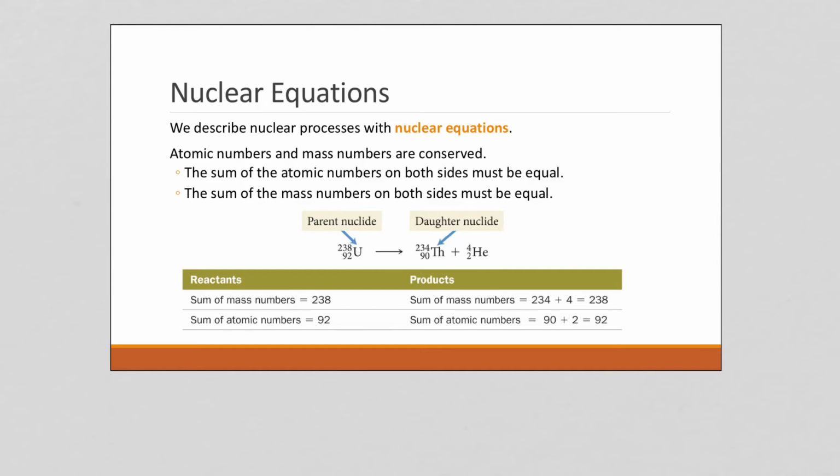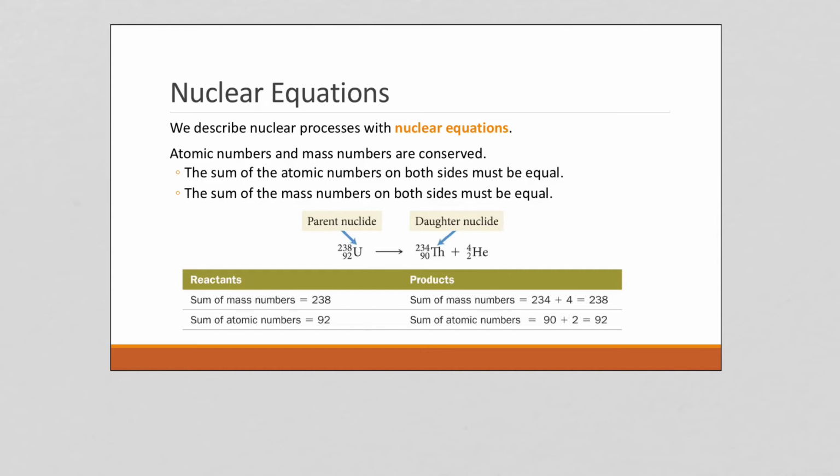The two things we really want to focus on are, if we look at both sides of the nuclear equation, the top numbers must balance out. The mass numbers on top have to balance out.